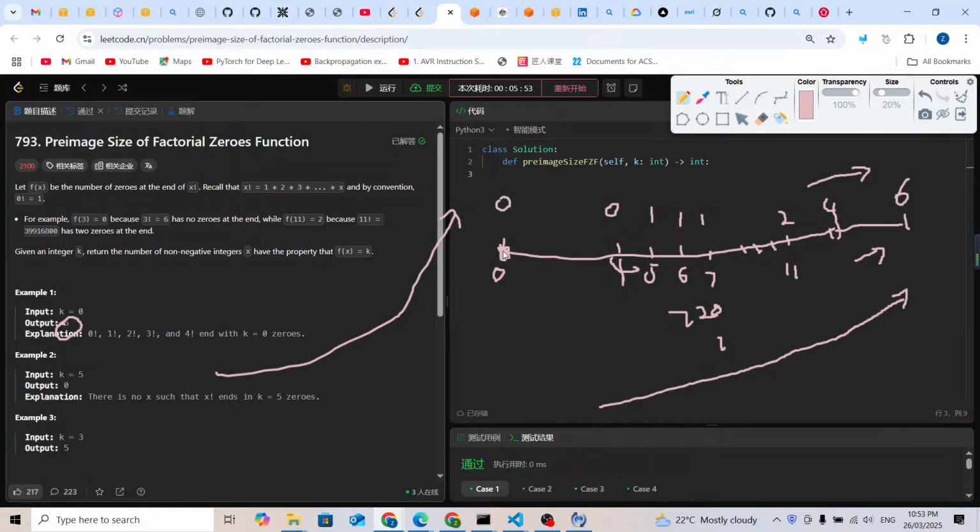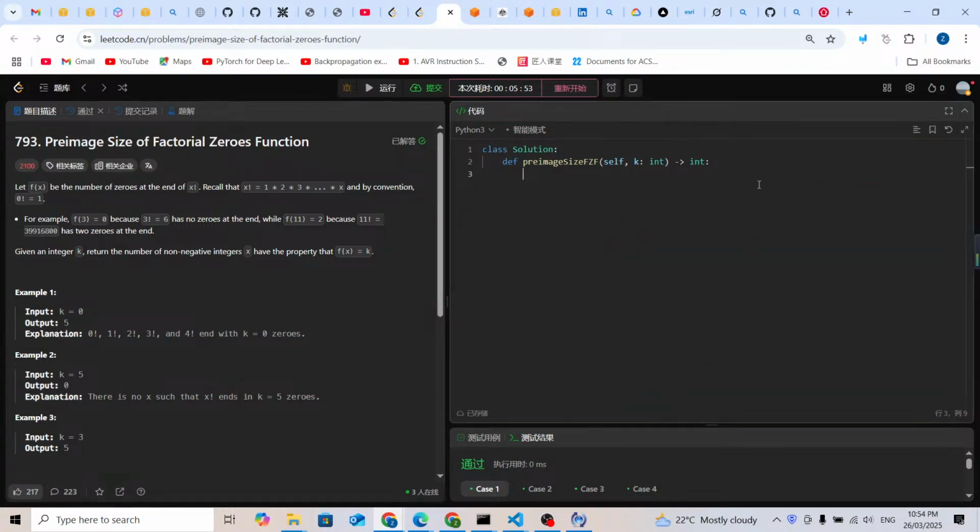For k equal to 0 it is at this position, but for k plus 1, the number with 1 trailing zero, the smallest number is 5. We use this index 5 minus the index 0, which gives 5. This tells us how many numbers have no trailing zeros. So this is the idea: we use boundary search and k plus 1 minus k. Actually, the programming is going to be really easy.